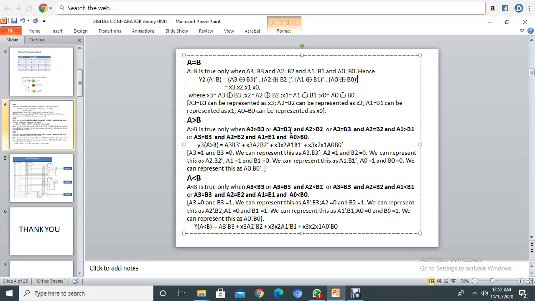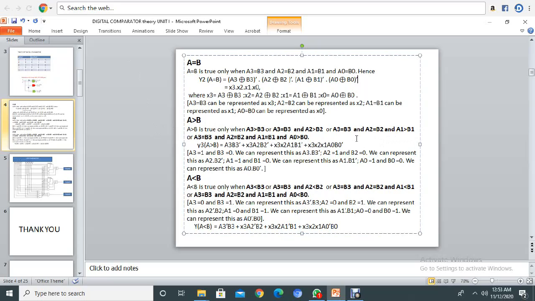If A3 is equal to B3 and A2 is greater than B2, then we can say that A is greater than B. Or if A3 is equal to B3, first two bits are same. That means A3 is equal to B3 and A2 is equal to B2. Then you have to check the third bit. A1 is greater than B1.